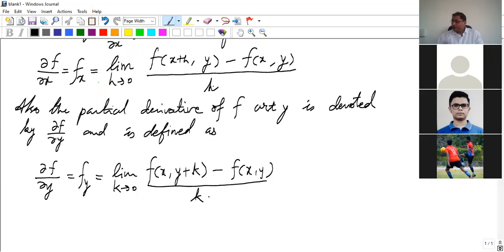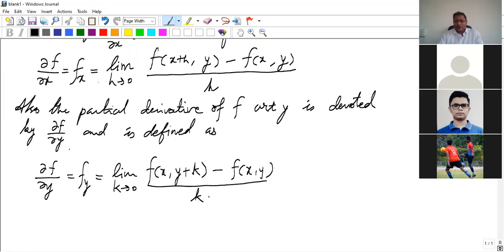Similarly, we can define the second order partial derivatives. Suppose we have these two derivatives, and now I differentiate both of them with respect to x again.